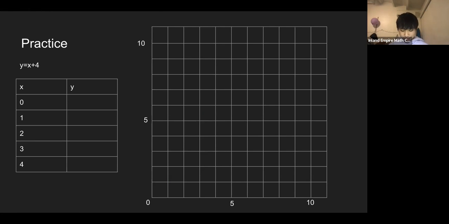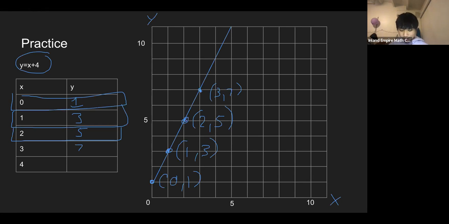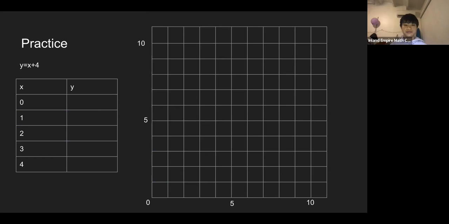Even if we didn't find the third point, it would be the same line. So all we need to do is find just 2 points. And I think the easiest points to find would be 0 and 1 in this case.